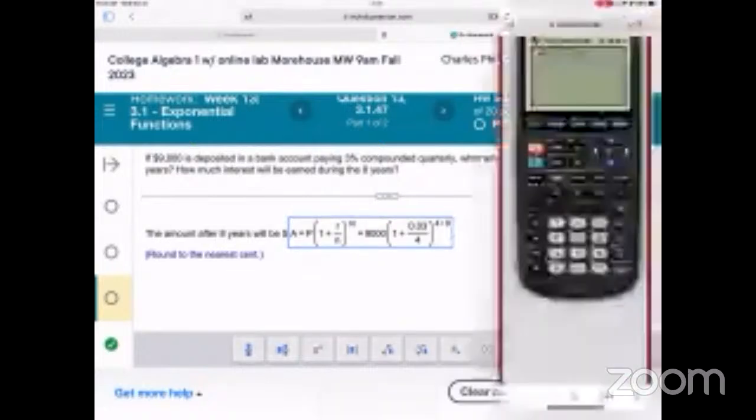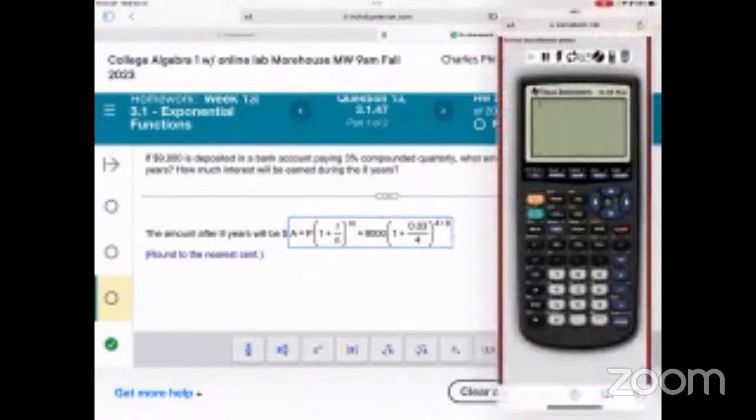Okay. So I'm going to do my 9,000, parentheses, 1 plus 0.03 divided by 4. Close parentheses, hat, open parentheses, 4 times 8.